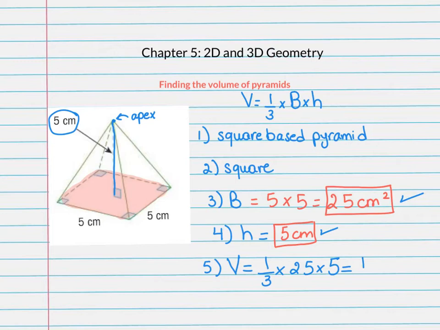It is 1/3 times 125. The answer will be the volume is equal to 41.6666, and since the digit after is a 6, we're going to write 41.67. We're going to round it to two numbers after the decimal point. The unit, we don't forget it, centimeters to the power of 3.